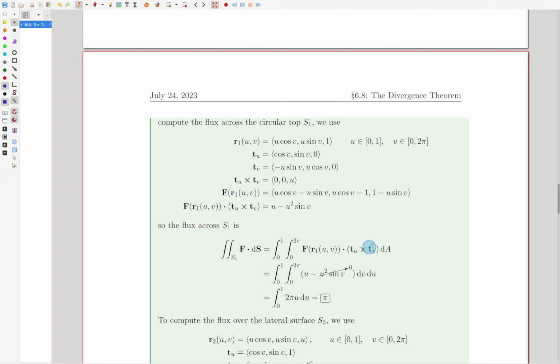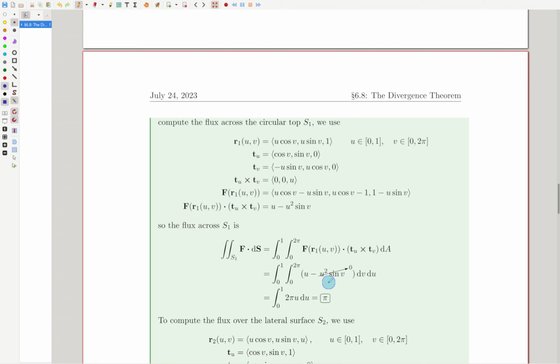So this integral is happening in the uv space, where you have u going from 0 to 1, v going from 0 to 2 pi, which is convenient because that's a rectangular domain in uv space, right? Although in xyz space, that's actually a circle, right? So we have a change of coordinates happening there. All right. And we calculated what this was up here, so we insert that in.